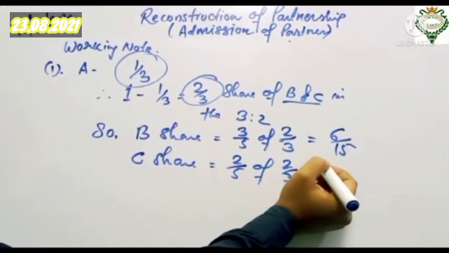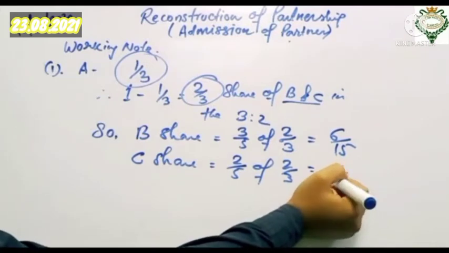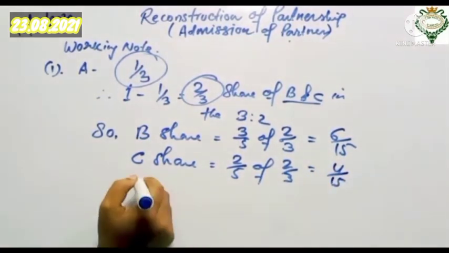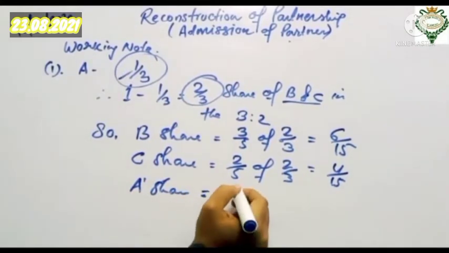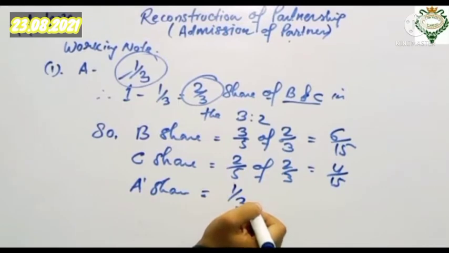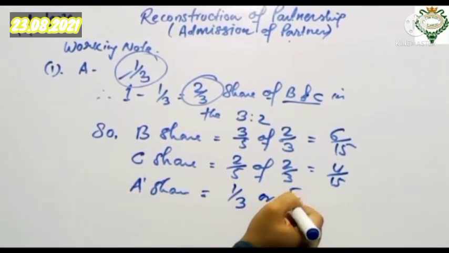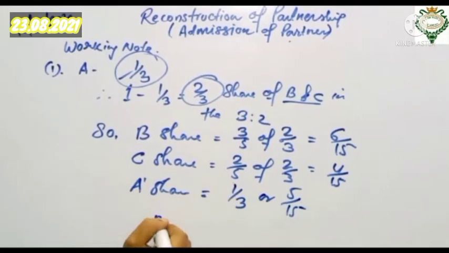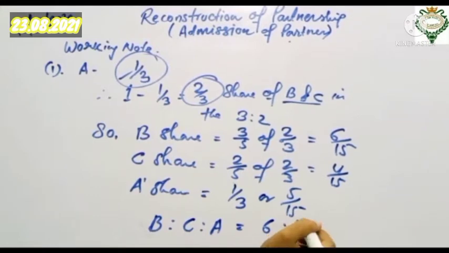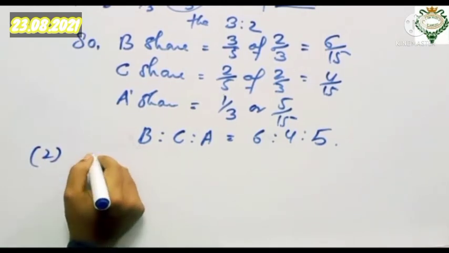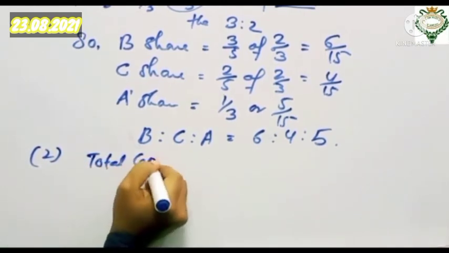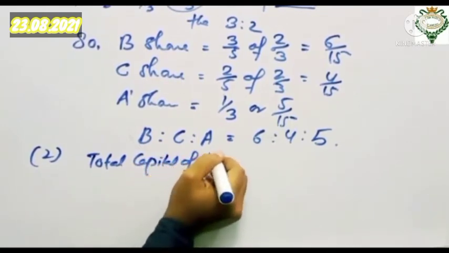Now C's old share is 2/5 and the new share is 2/3, that means C's share is 4/15, and A's, the new partner's share is 1/3, or we can say 5/15, so their new ratio is 6:4:5. Okay, now point 2, here we have to find the total capital of the firm.